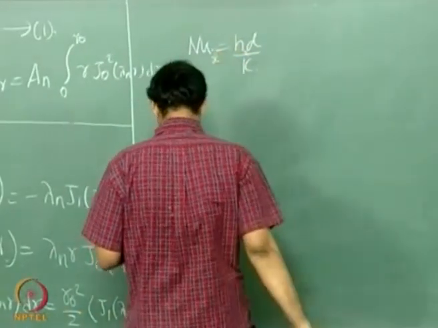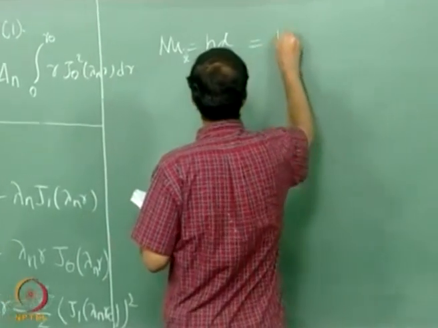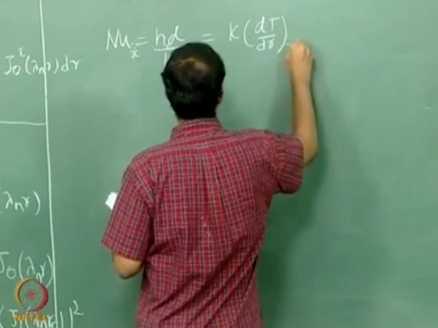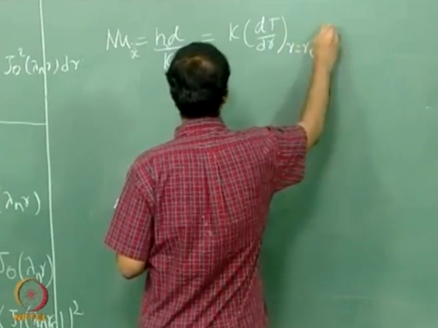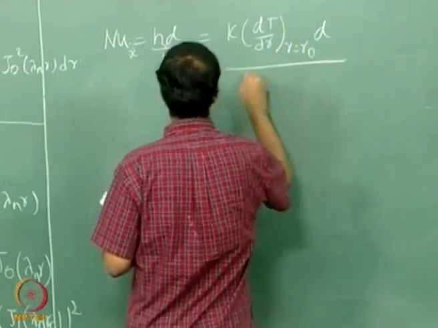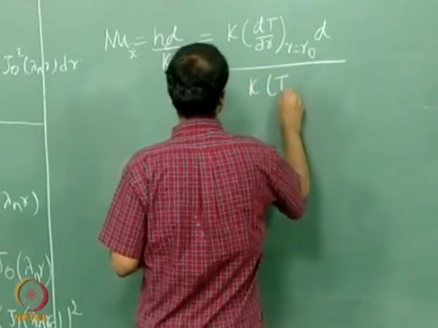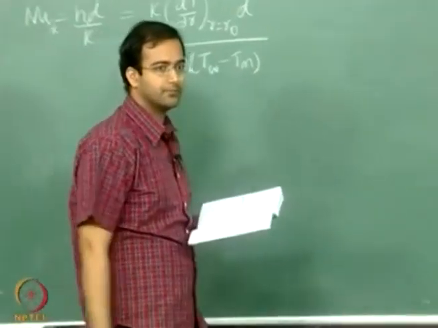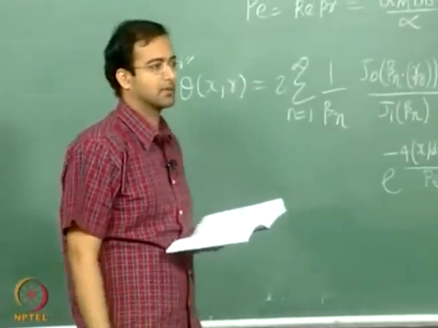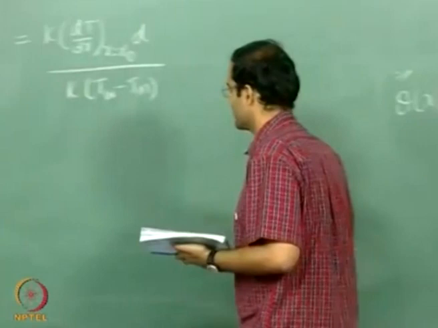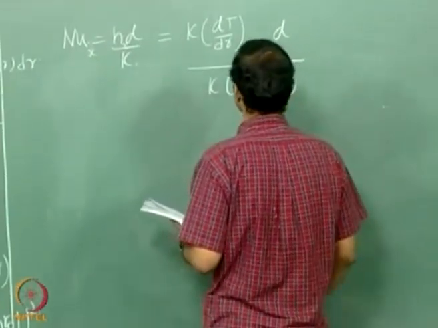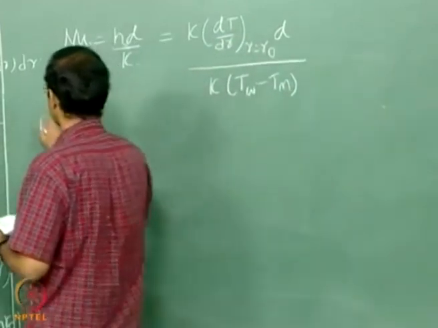Now you define this as k dT dr at r equal to r naught into d by k into T wall minus T mean. This is how you express your heat transfer coefficient, wall flux divided by temperature difference. So now I can substitute in terms of non-dimensional theta.